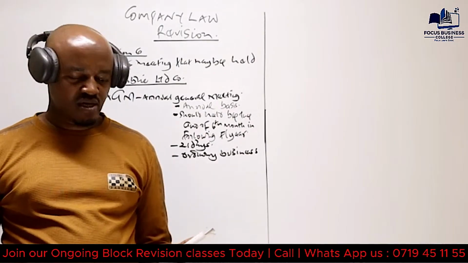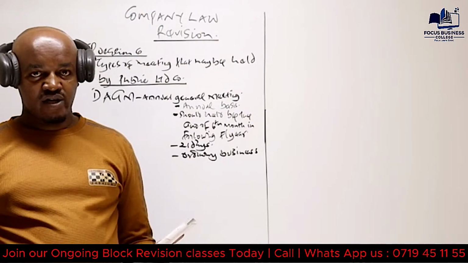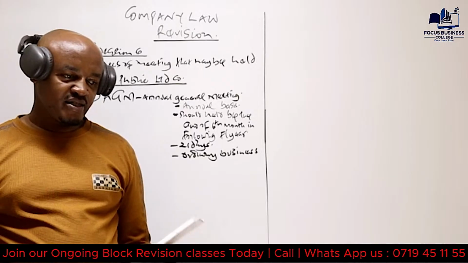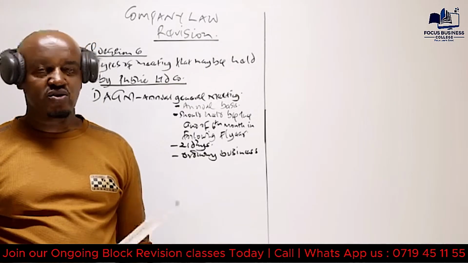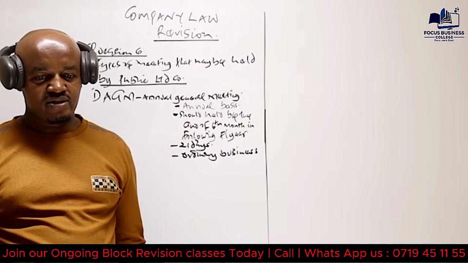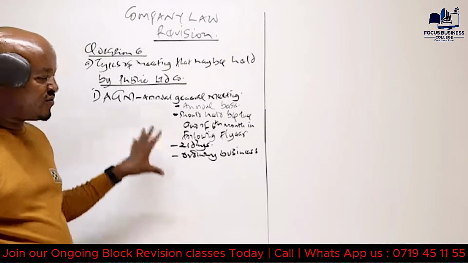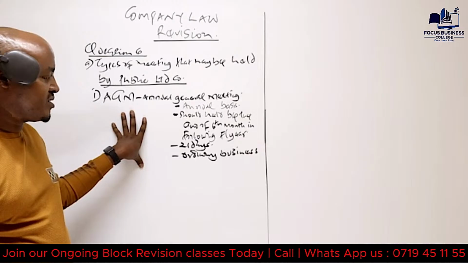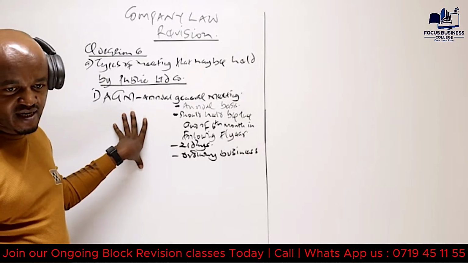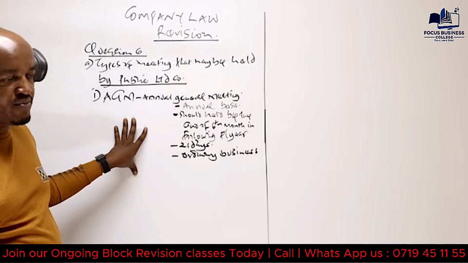The other one is the consideration and adoption of the audited financial statements. And the other one is consideration and confirmation of the minutes of the previous AGM. So those are the ordinary businesses transacted during the AGM.